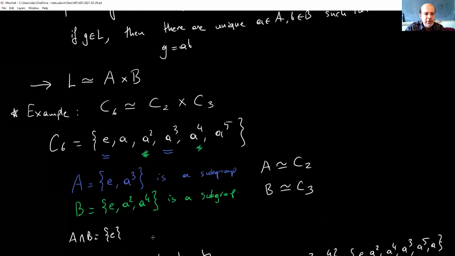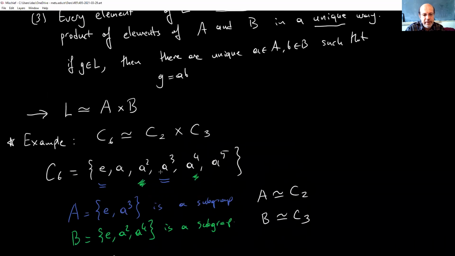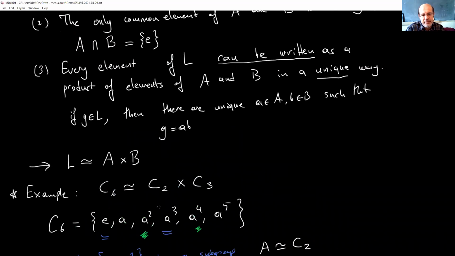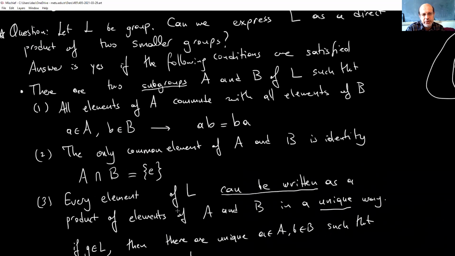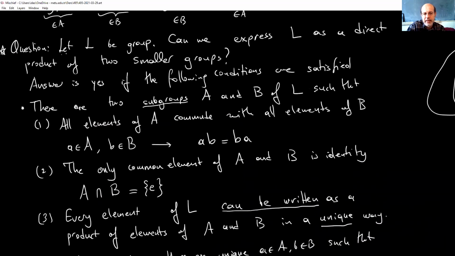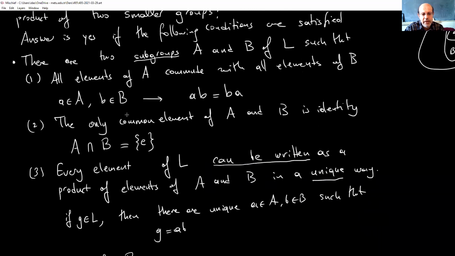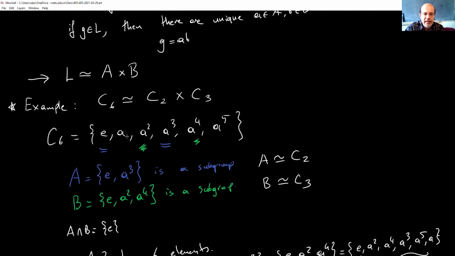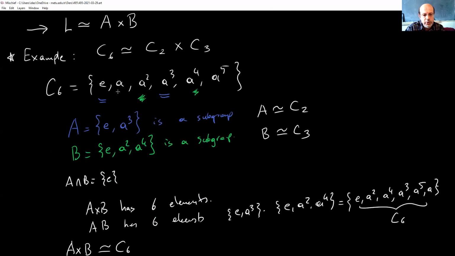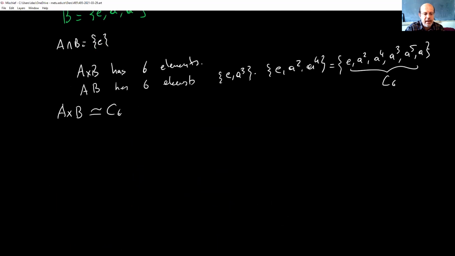Whatever. So in any case, there are these conditions. So if I want to consider a given group as a product group, we can do this analysis. We can try to see if there are these two subgroups of that special form, and then we do the analysis like that.